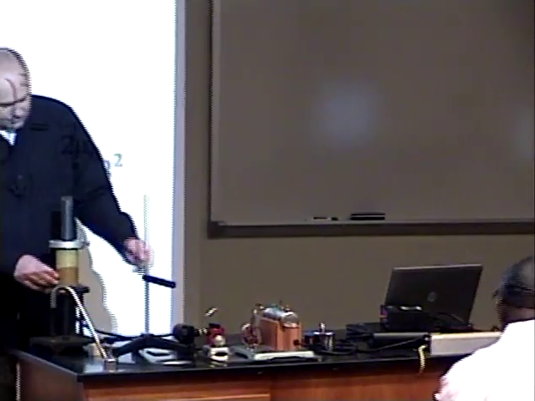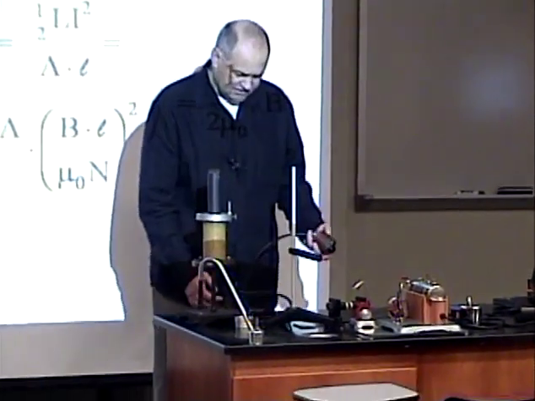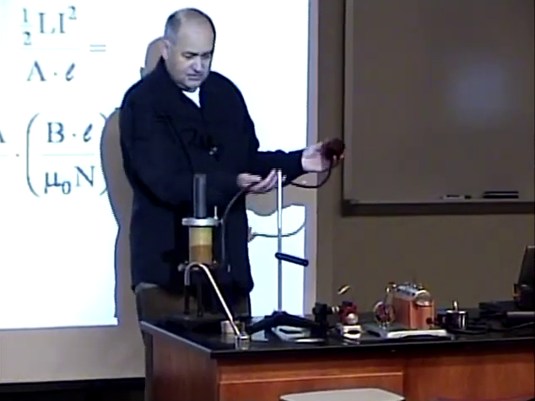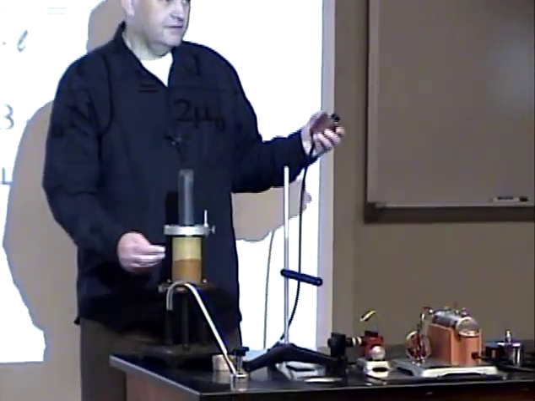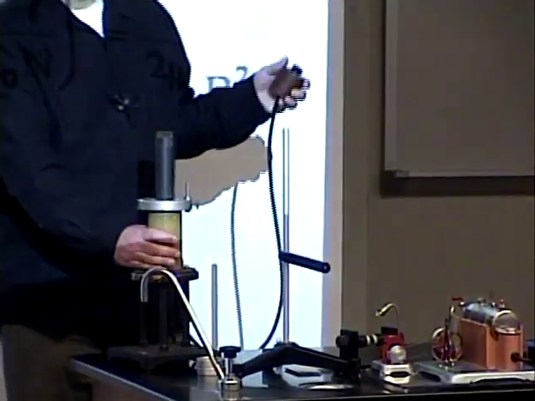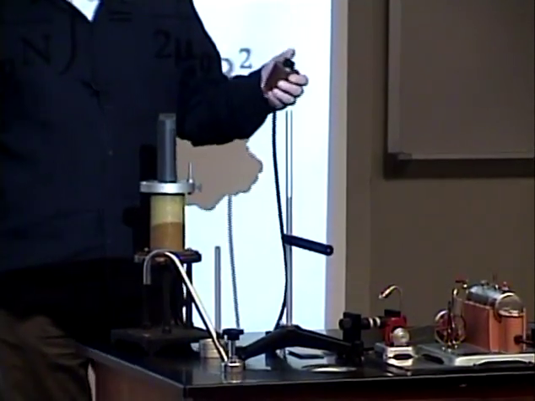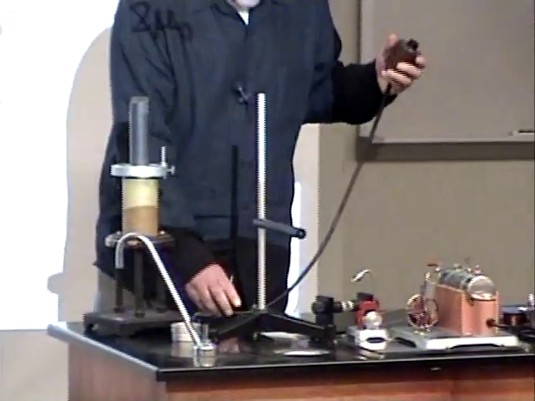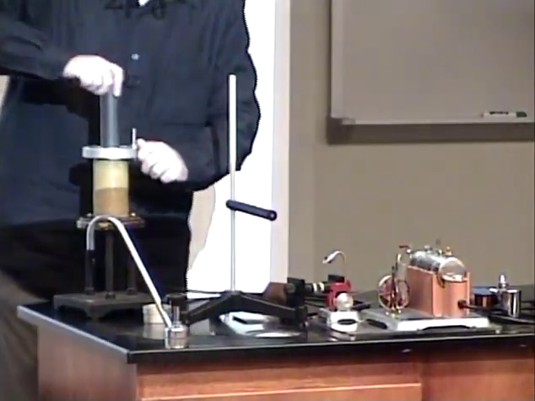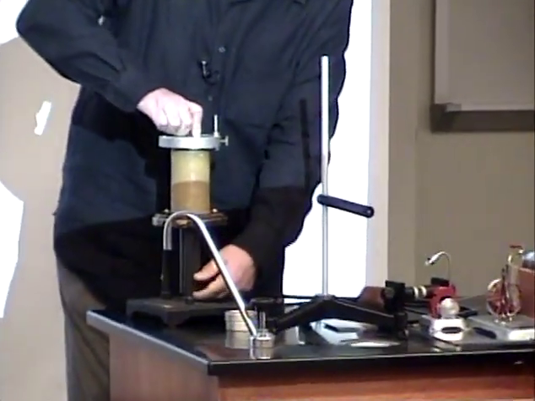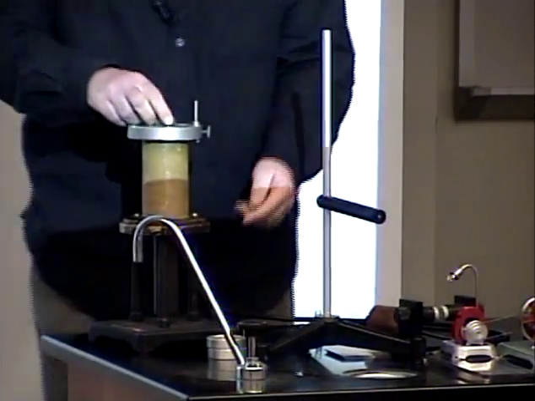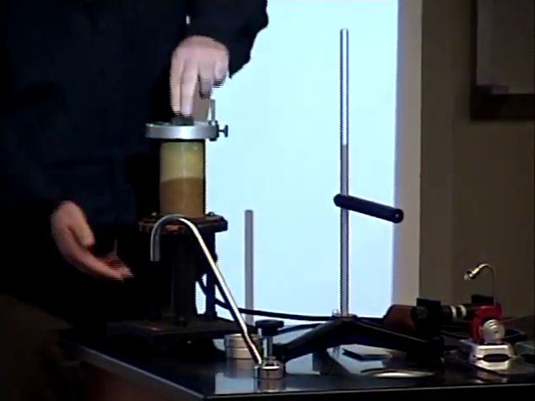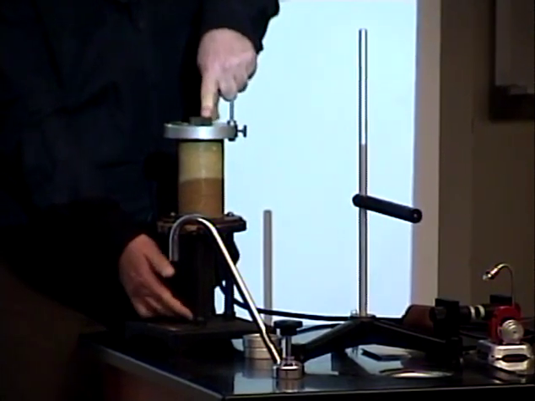I have a coil over here, and this coil is connected to a regular socket, so I can run alternating current through this coil directly from the socket. And inside there is an iron core.